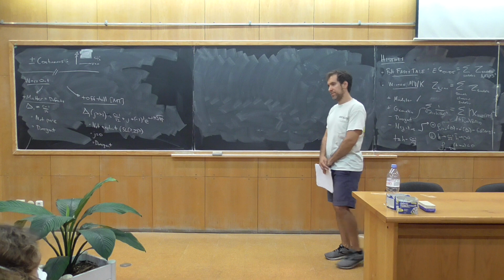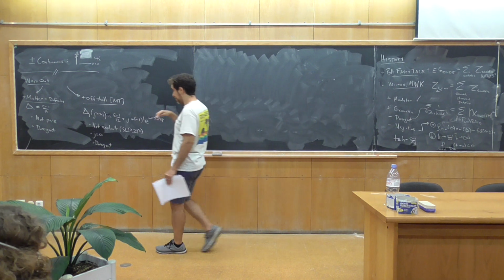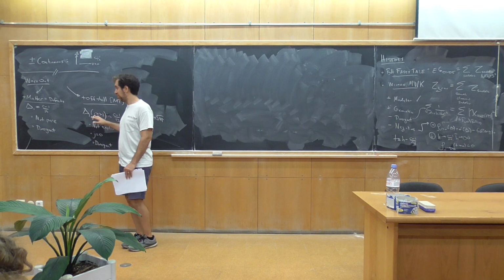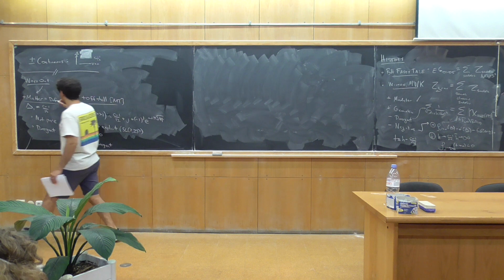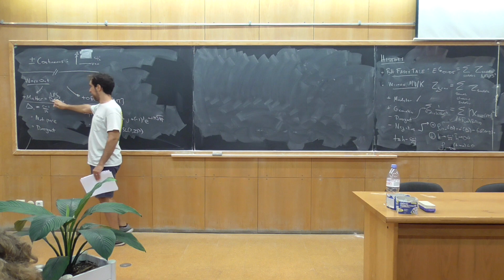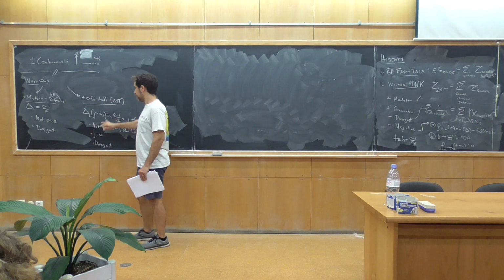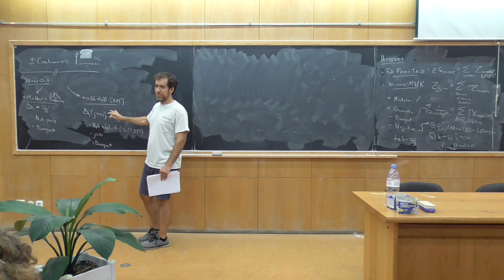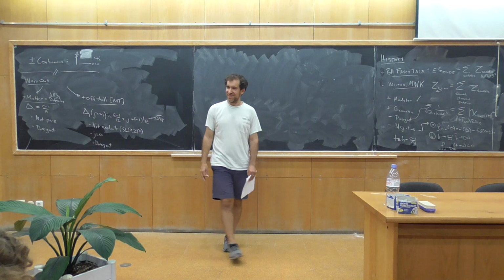Correct. These look like defects in the 2D JT sense, but these are defects in 3D AdS. So this is like 3D matter. That's right. This is 3D, I don't quite know what, but not matter. Yeah.